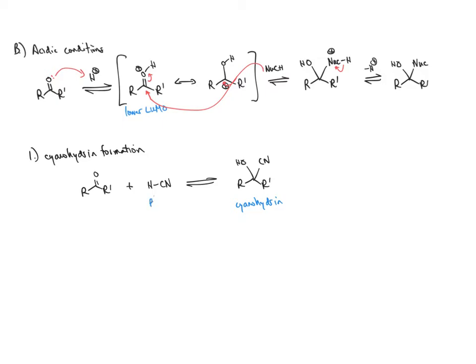The pKa of HCN is 9.1, and so this is something that's less than 15. So we can say that this reaction is under thermodynamic control because it's reversible. So what is the mechanism of this reaction? Well, we start with the carbonyl.